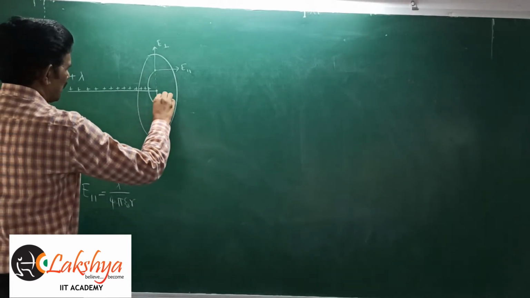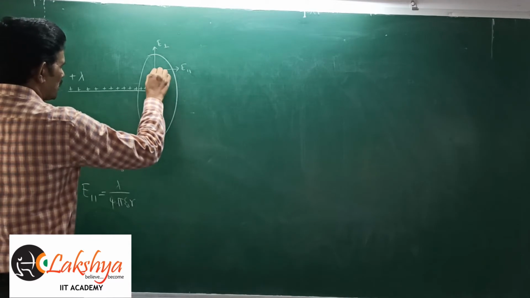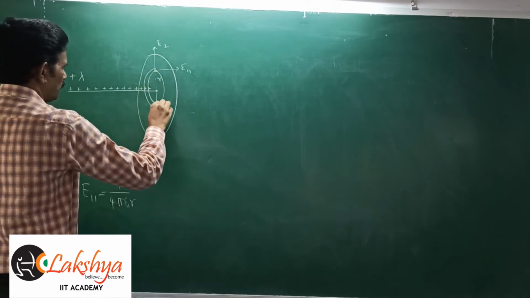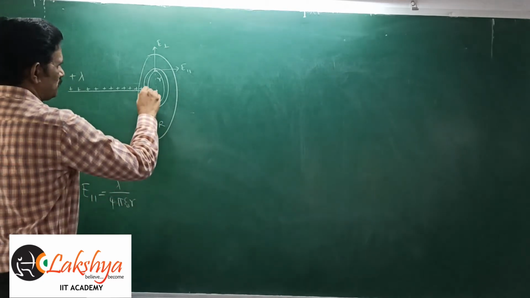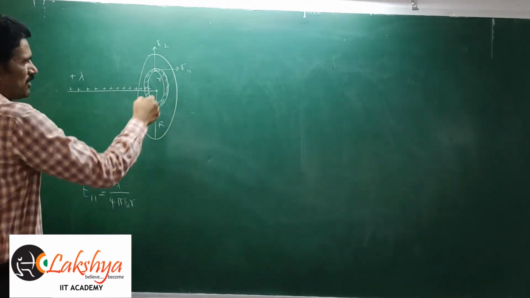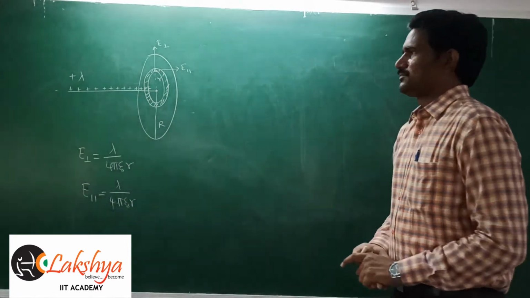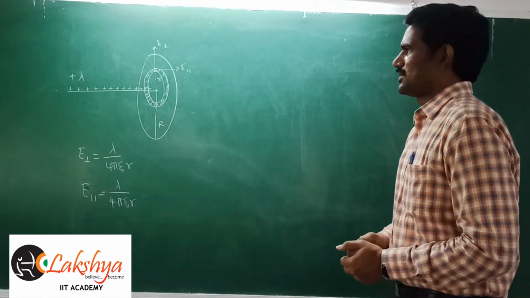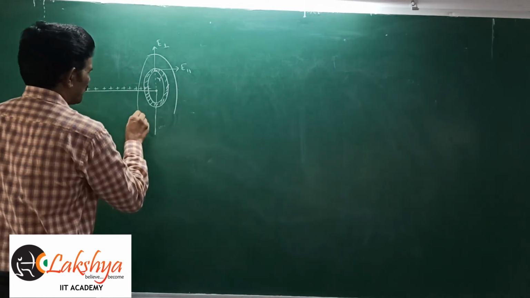I am taking a circular ring element here, a circular ring of radius r. Through that ring element we need to write the flux.